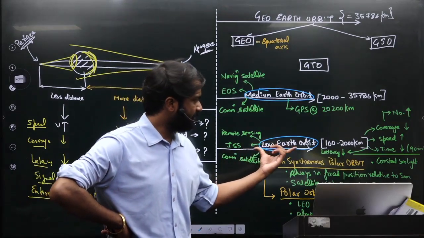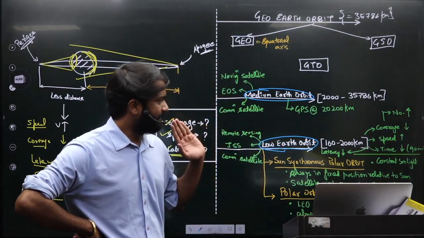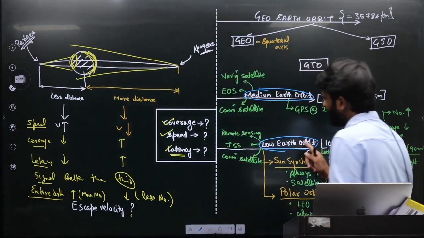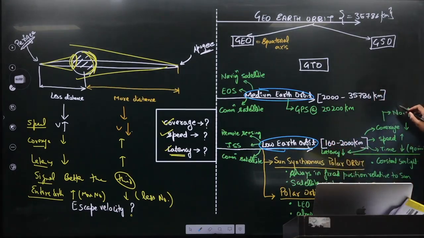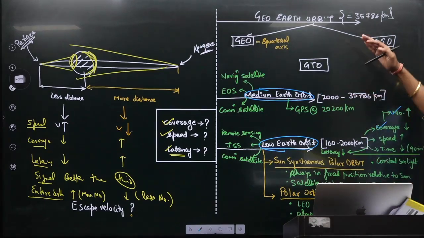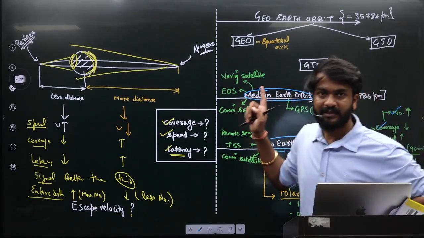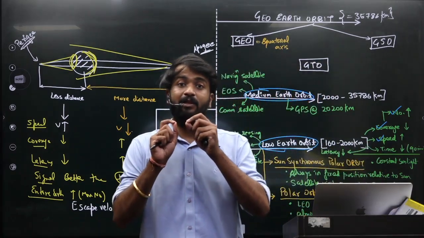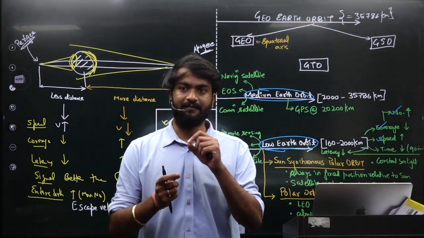For you, low Earth orbit is around 800 to 1000 kilometer. What will happen? First of all, if you want to cover the entire Earth, if the satellite is placed in the low Earth orbit, how many satellites will you need? You will need more number of satellites compared to above orbits. Coverage will obviously decrease compared to above orbits. Speed will increase compared to above orbits. That means a satellite placed in the low Earth orbit will complete the round in less amount of time. Okay?